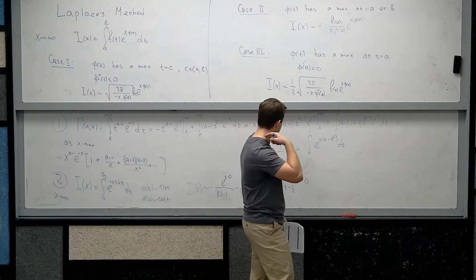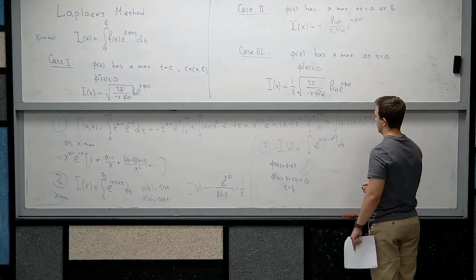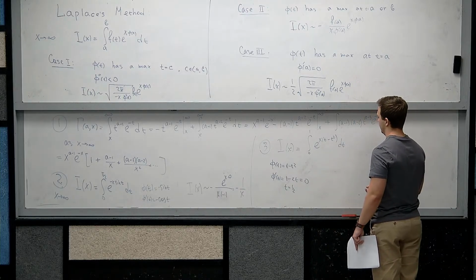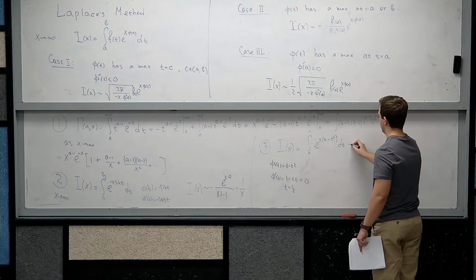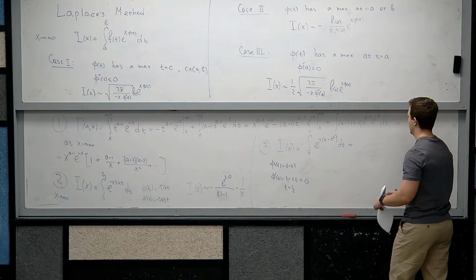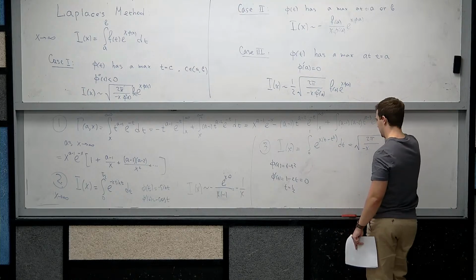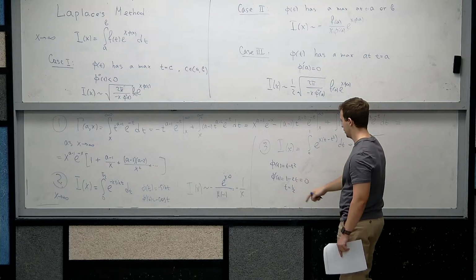So let's calculate the integral. It's case 1. It's the square root of 2 pi over minus x times the second derivative, which is minus 2.